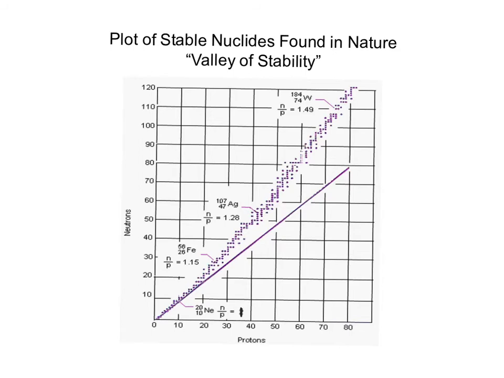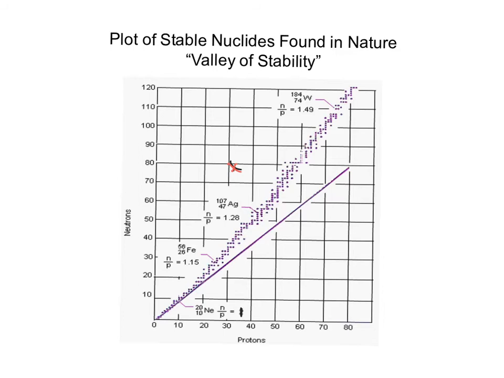Now what we want to do is just look at a few examples for the Valley of Stability so we can see what's going on. And what we'll find is that the isotopes outside of the Valley of Stability are radioactive.